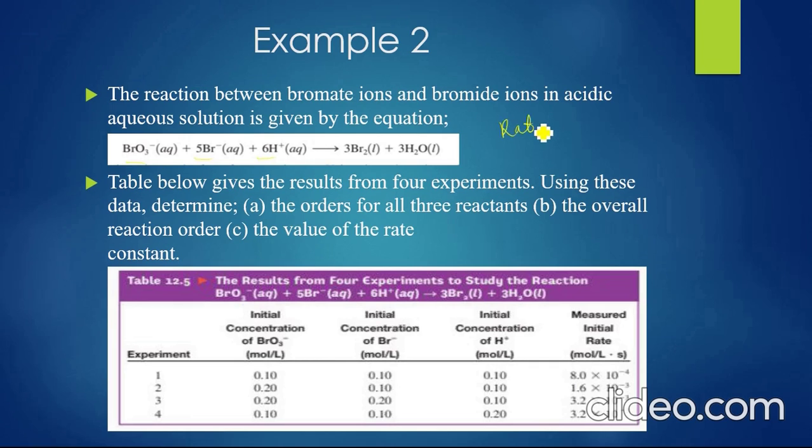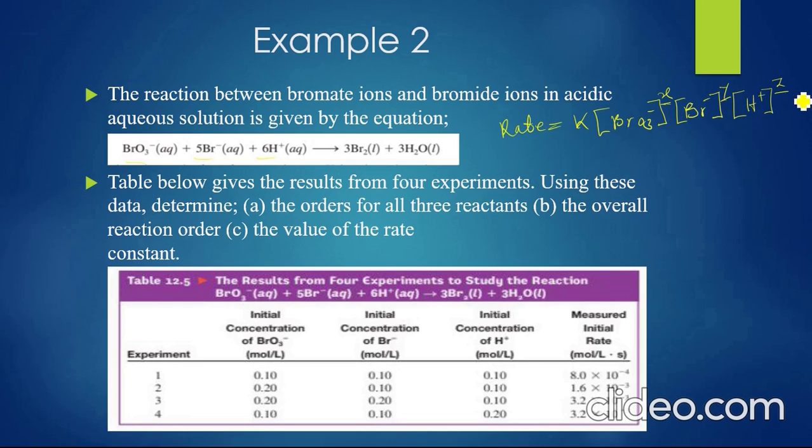Rate is equal to the constant K times the concentration of the bromate ion raised to the order X, and then the concentration of the bromide ion raised to the power Y, and also the hydrogen ion raised to the power Z. This X, Y, and Z are the orders they are asking you to determine. So how can we determine X, Y, and Z?